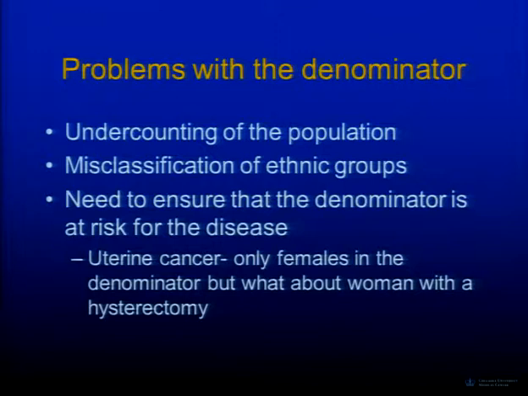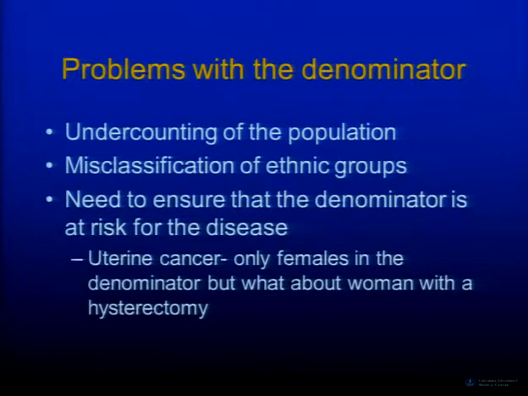So if you're looking at a disease that's, say, prevalent in the Hispanic population, you might think you have a denominator, but there are all these issues about whether people are really classified correctly.